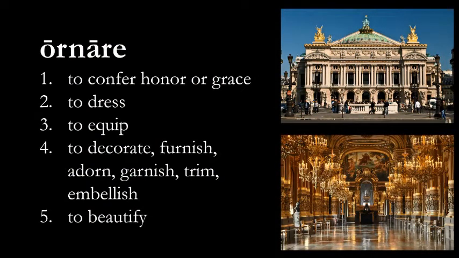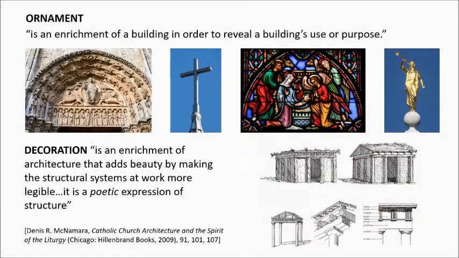Ornament comes from the Latin verb ornare, which means to confer honor or grace, to dress, to equip, to decorate, furnish, adorn, garnish, trim, embellish, or to beautify. Another way that we might define ornament comes from Dennis McNamara.